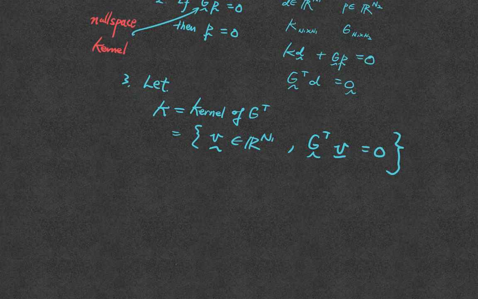So our first job is to identify this space and give it a name. In order not to lose you, do you now get the concept of the kernel K of G^T?